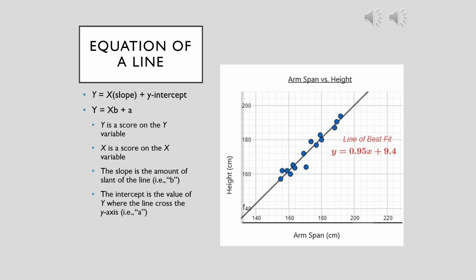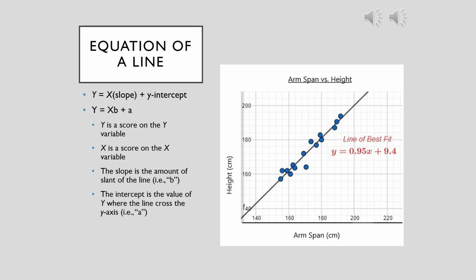Your book uses these terms: y equals xb plus a. This is the exact same thing as y equals mx plus b, but unfortunately those letters get flip-flopped a little bit. So y, again, is a score on the y variable, x is a score on the x variable. The slope is, of course, rise over run, right? The amount of slant that a line has, and that's going to be represented by b. And then the y-intercept is a, and that is the value of y where this line of best fit crosses the y-axis.